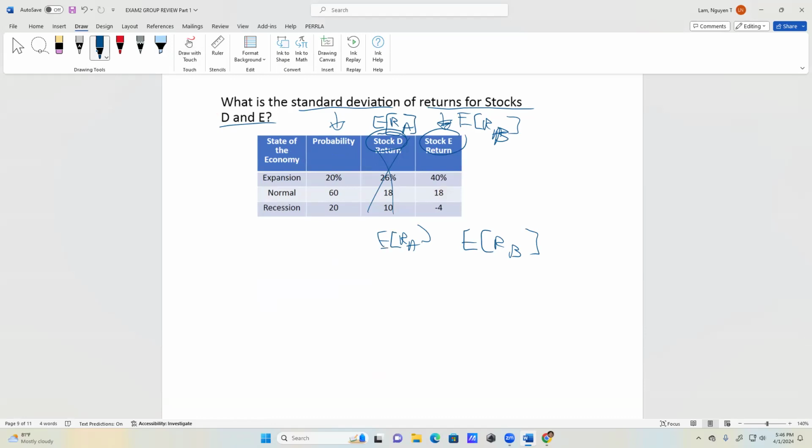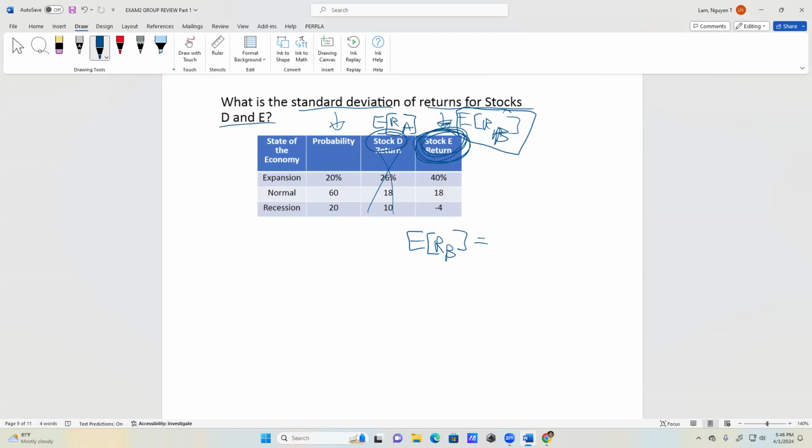So it's asked, let's try to find the... well, my apologies, guys. I want to focus on just one first to help you visualize. In this case, I only want you to focus on stock E, which I say is the ERB. Okay, so we find ERB first.